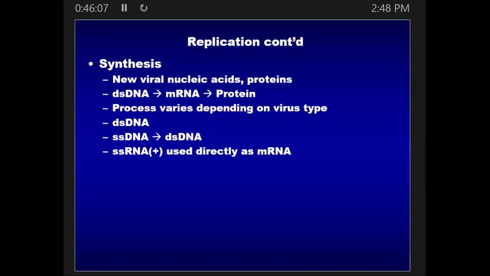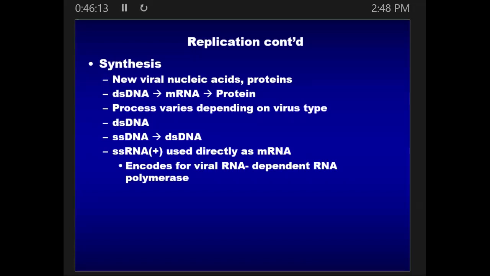So if it's a positive sense RNA, usually what we're saying there is that it has on it the necessary information, it encodes for viral RNA-dependent RNA polymerase. So what that means is it can make an RNA polymerase off of a stretch of the RNA and then use that RNA polymerase to make more RNA.